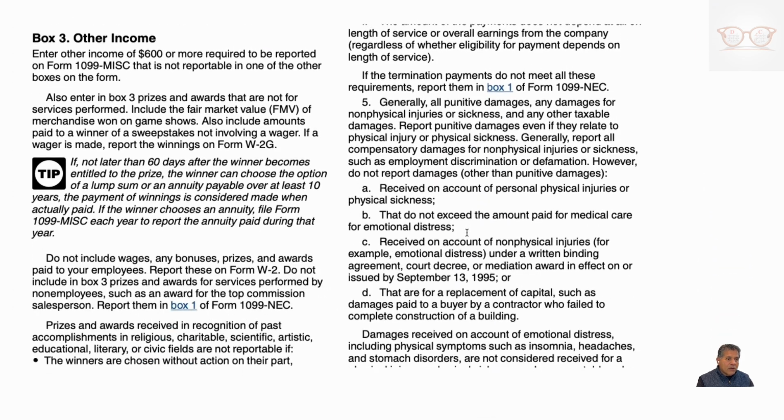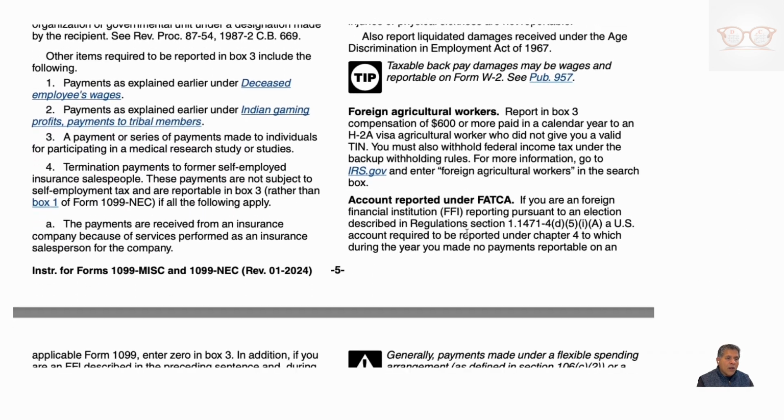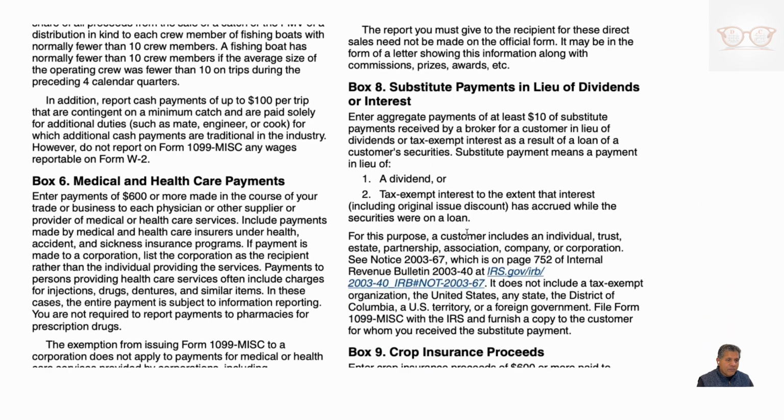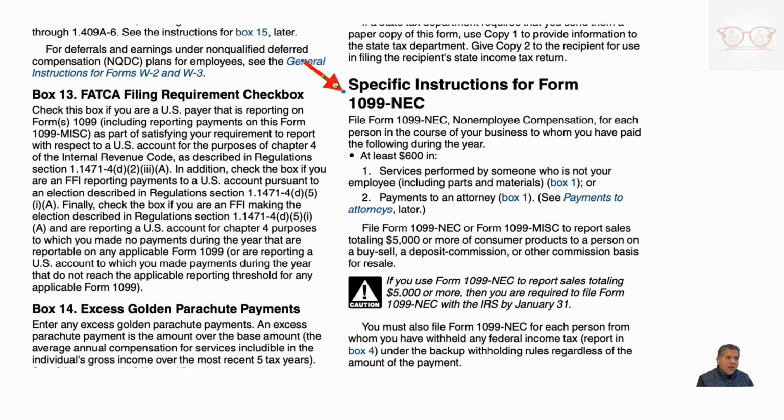Scrolling a little further down, we get to the 1099-NEC or non-employee compensation. And here it is. The 1099-NEC is something that you need to give to people who perform a service for you of at least $600 in a year.